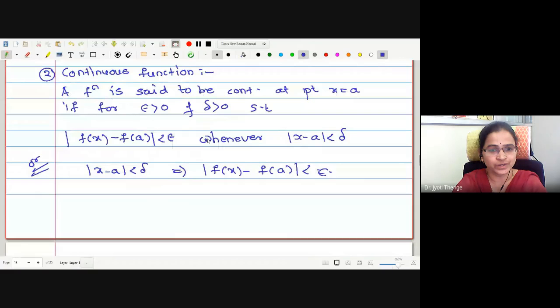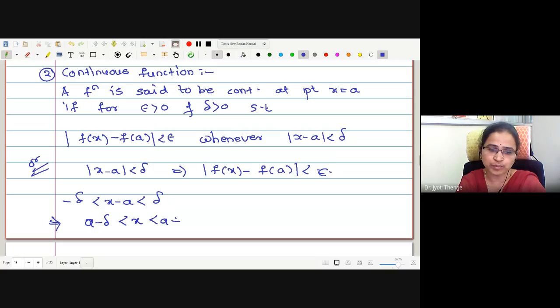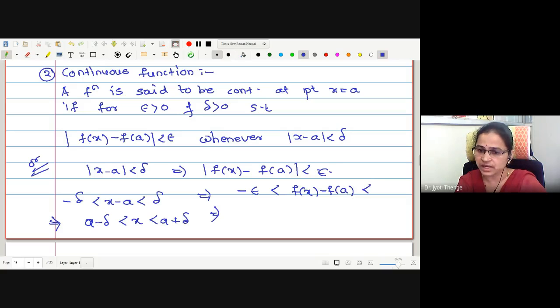What it is implying to us is that minus delta is strictly less than x minus a, which is strictly less than plus delta. In turn it implies that a minus delta is strictly less than x, which is less than a plus delta. The concept goes parallel to this point also: for f of x, I can write minus epsilon less than f of x minus f of a less than plus epsilon.